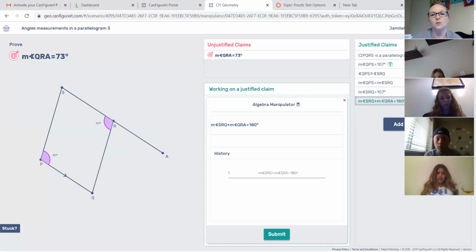Okay, so I am going to, because I have SRQ and QRA is 180, but don't I already know how big SRQ is? Give me a nod, yes or no. Do I know how big SRQ is? How big is it? 107.